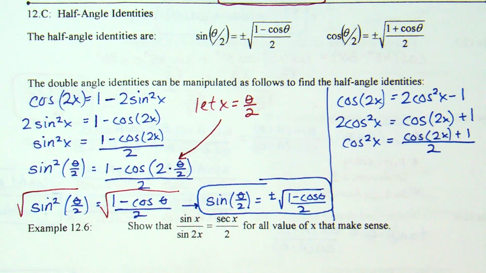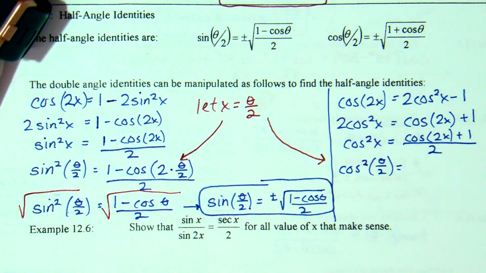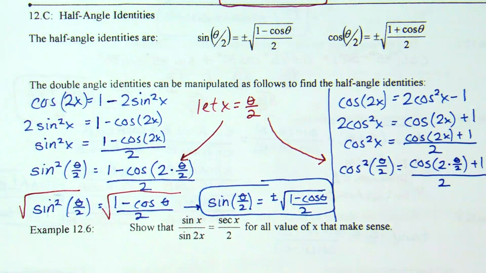So cosine squared of x is cosine squared of theta over 2. Cosine of 2x is cosine of 2 times theta over 2. Still plus 1, all divided by 2. Clean up. Still cosine squared of theta over 2 for the moment. Cosine of 2 times theta over 2 becomes cosine of theta plus 1, all divided by 2.